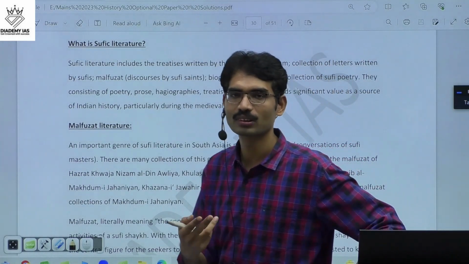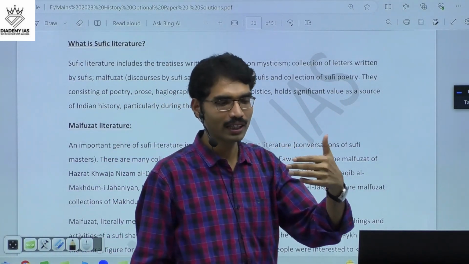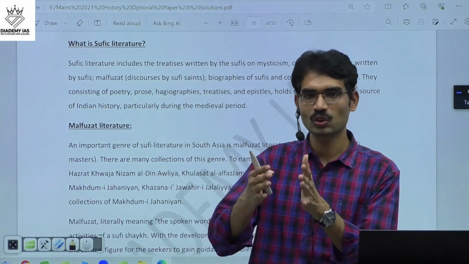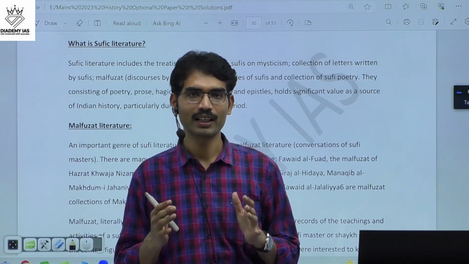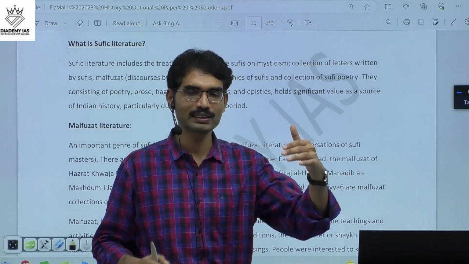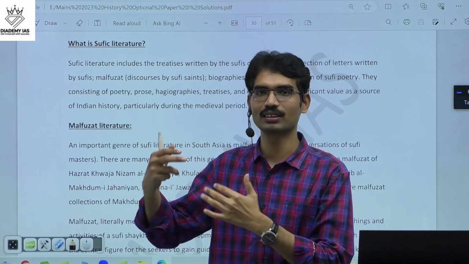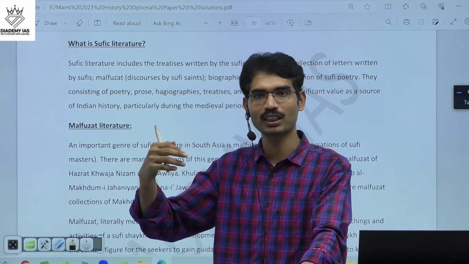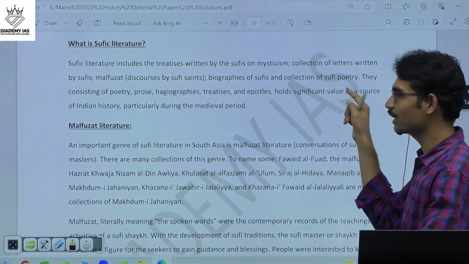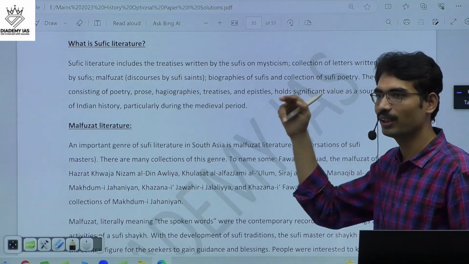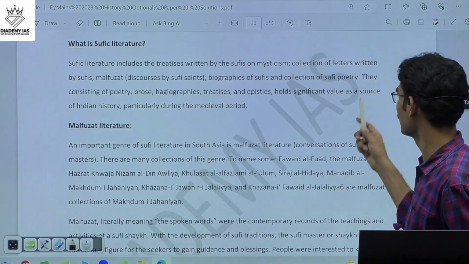Poetry is another source. For example, how do we know about the early Vedic people? What is the source of early Vedic history? Rigveda. What is Rigveda? It is a kind of poetry praising gods, and from the same poetry we are trying to extract early Vedic history. Similarly, when Sufi saints were writing poetry, this will give interpretation about the 13th and 14th century socio-economic conditions.